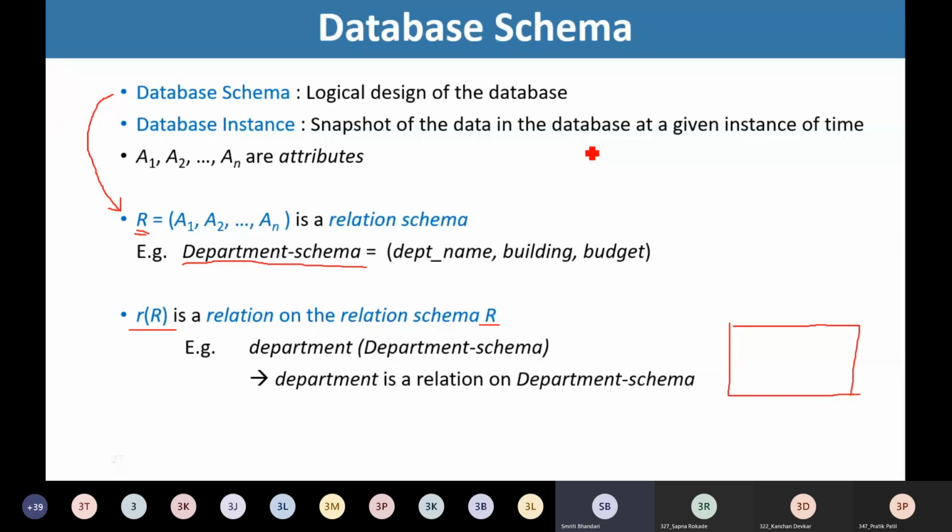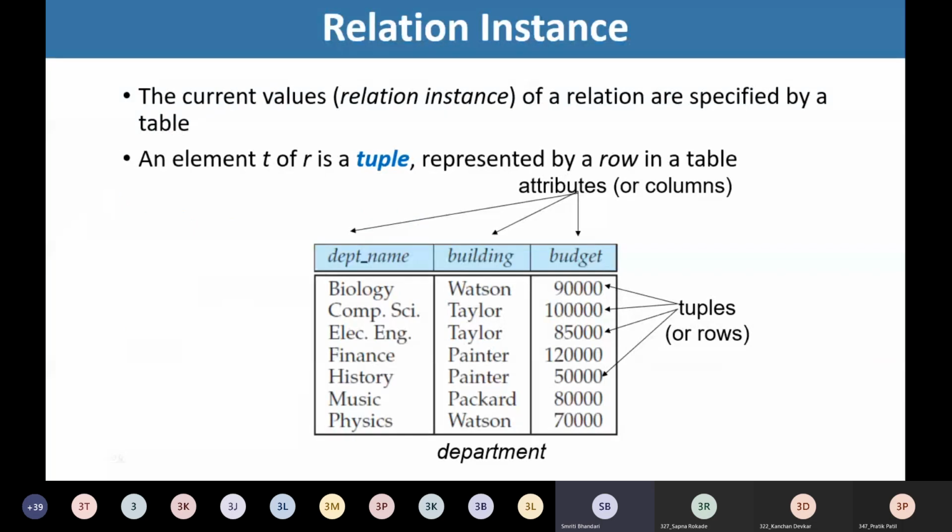The database has many relations, so the snapshot of all those relations collectively is the database instance. But a relation instance is a snapshot of a particular relation. What do we mean by that? Let us assume once again that we are talking about this relation department on the department schema.